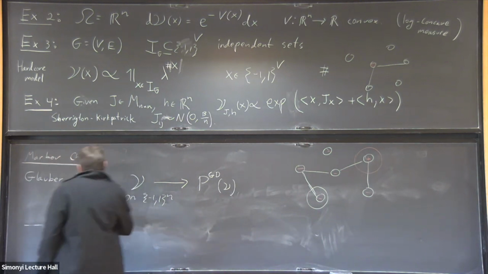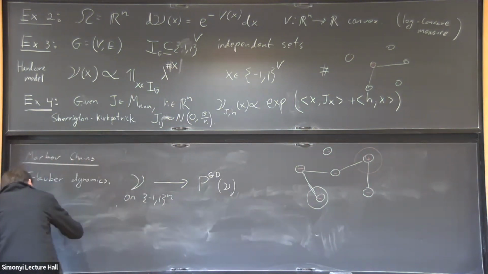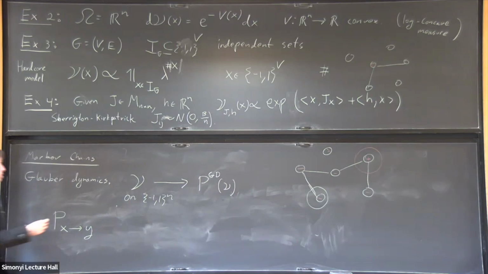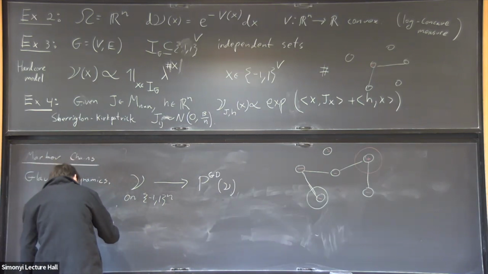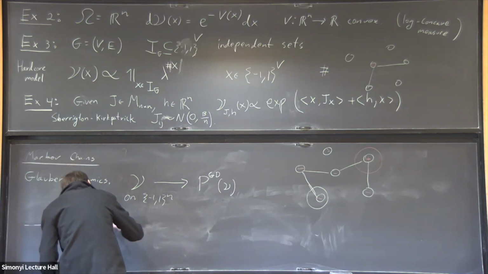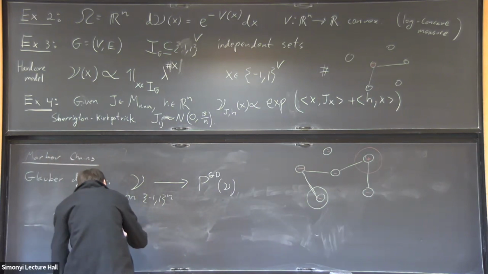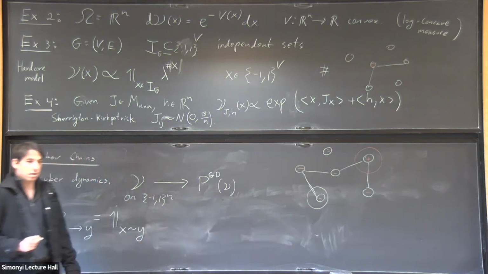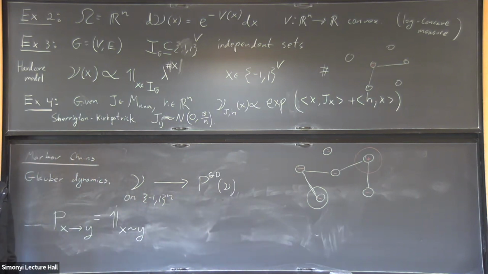It's defined by the transition from a point X to a point Y, which is equal to, first of all, the indicator that X is a neighbor of Y. Every time I only refresh one coordinate, meaning the next point is a neighbor in the hypercube.